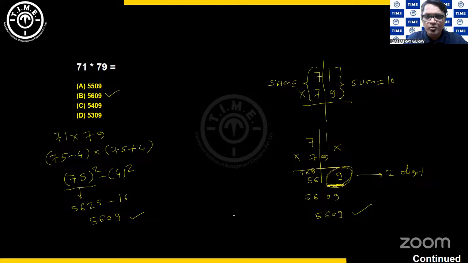Otherwise, the answer would be only 569. That is not possible, because if I consider 70 square, it is 4900, a 4-digit number. But here 569 is only a 3-digit number. It is not possible. 71 into 79 is definitely greater than 4900. So instead of 9, write 09.